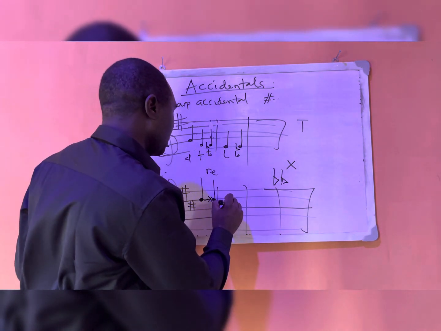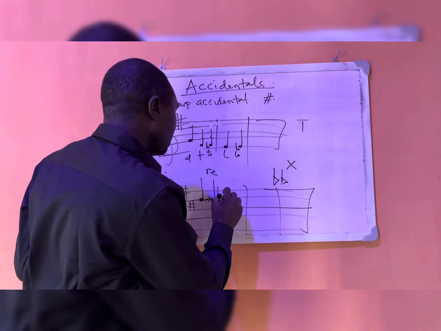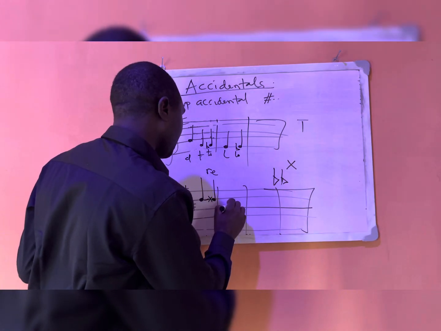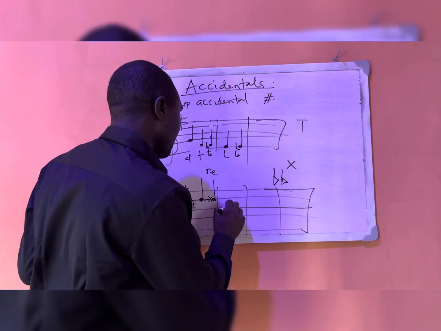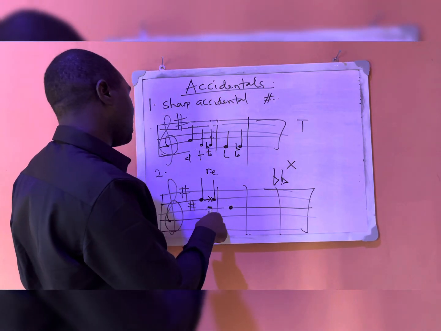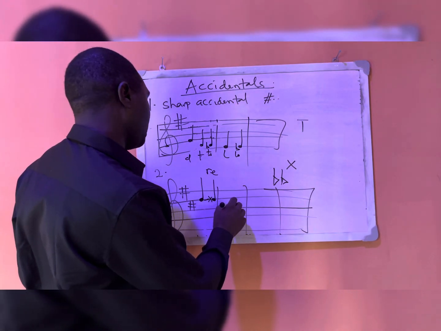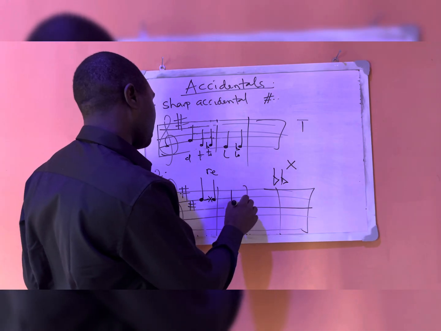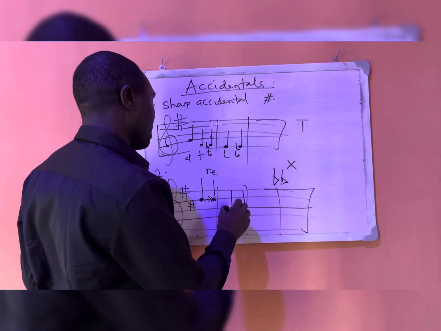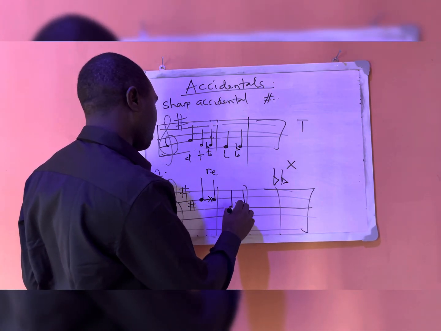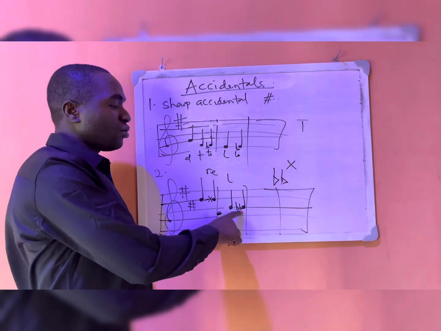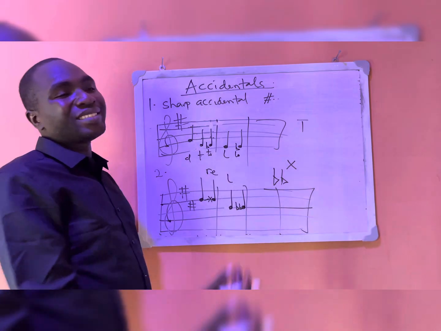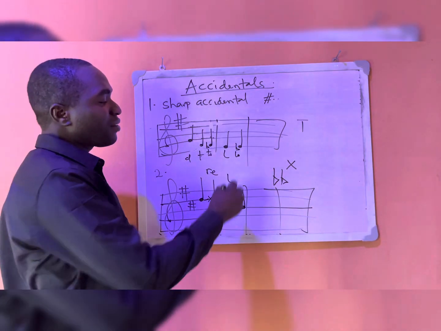So if you have something like this here, so we have do, this is our la, then we have, this is la, then it's also supposed to be la, but it's reduced by a full tone, so we have so.